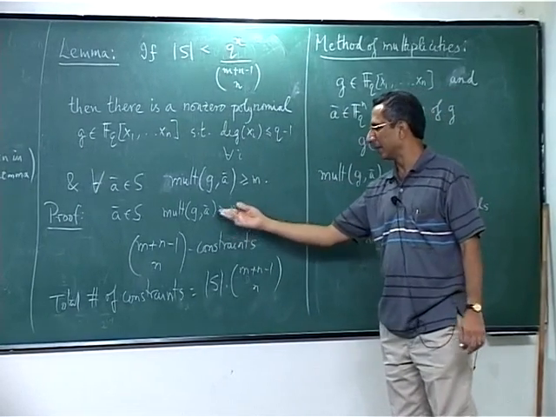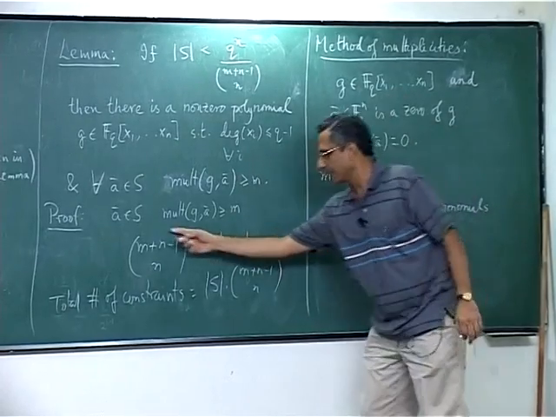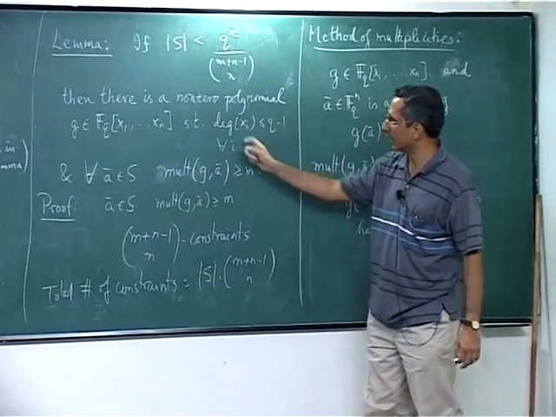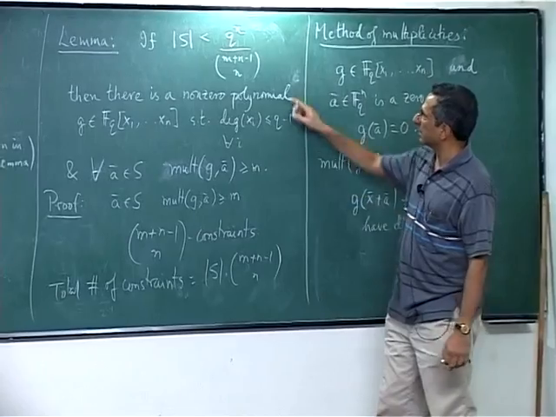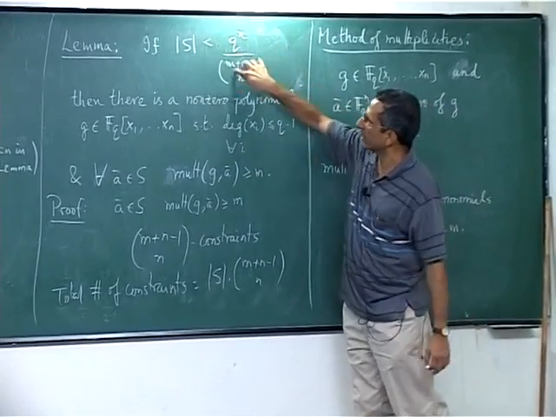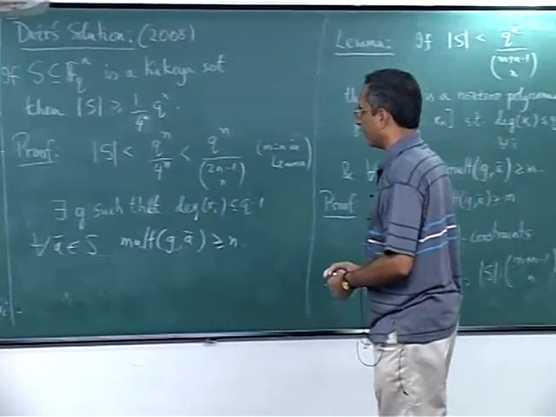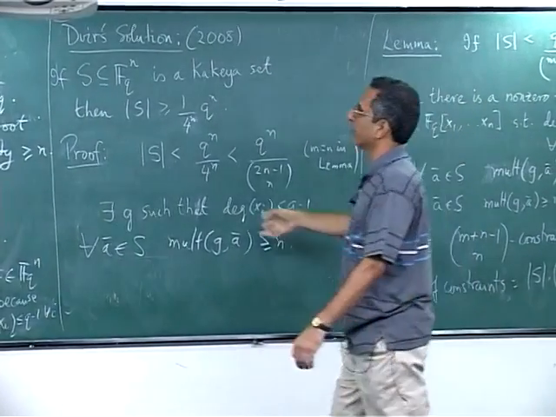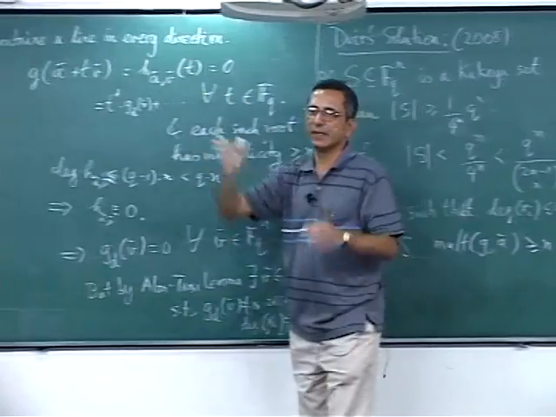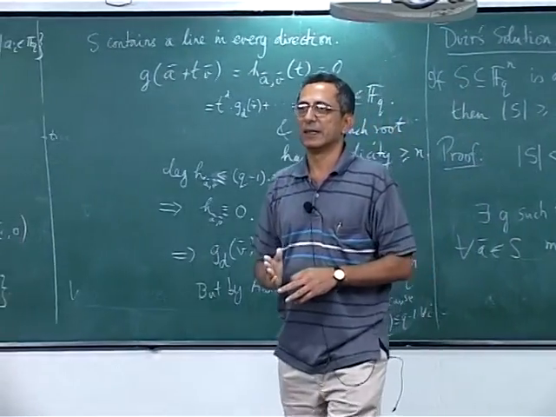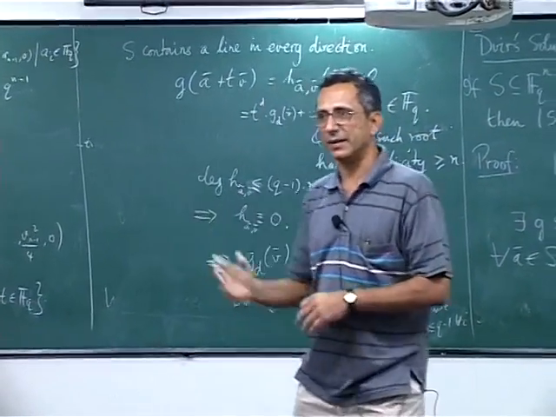Each constraint of this kind gives linear constraints on the coefficients of G. The number of variables is q power n, which is more than the total number of constraints. Then you plug this into your constraint that in every direction there is a line contained inside the Kakeya set.